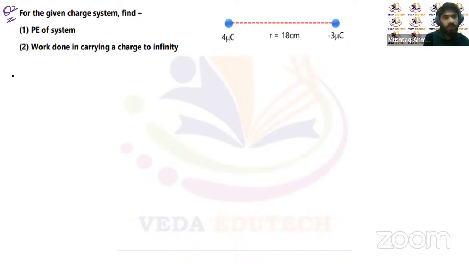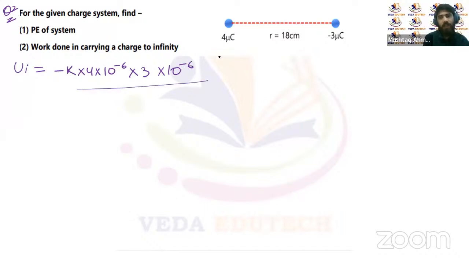Then this work done is stored as potential energy in the system. This potential energy will be equal to K into 4 into 10 to the power minus 6 into minus 3 into 10 to the power minus 6, and they are separated by a distance of 18 centimeters.